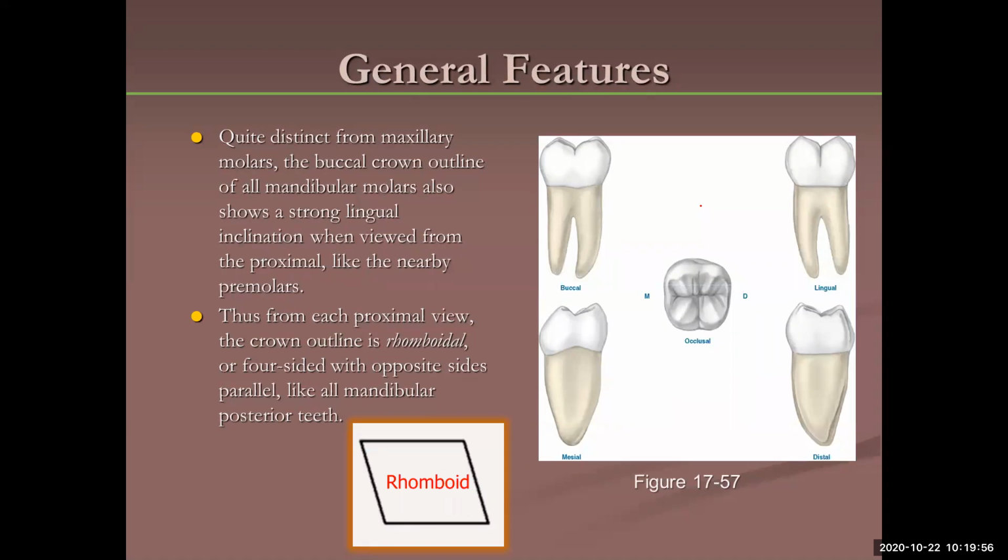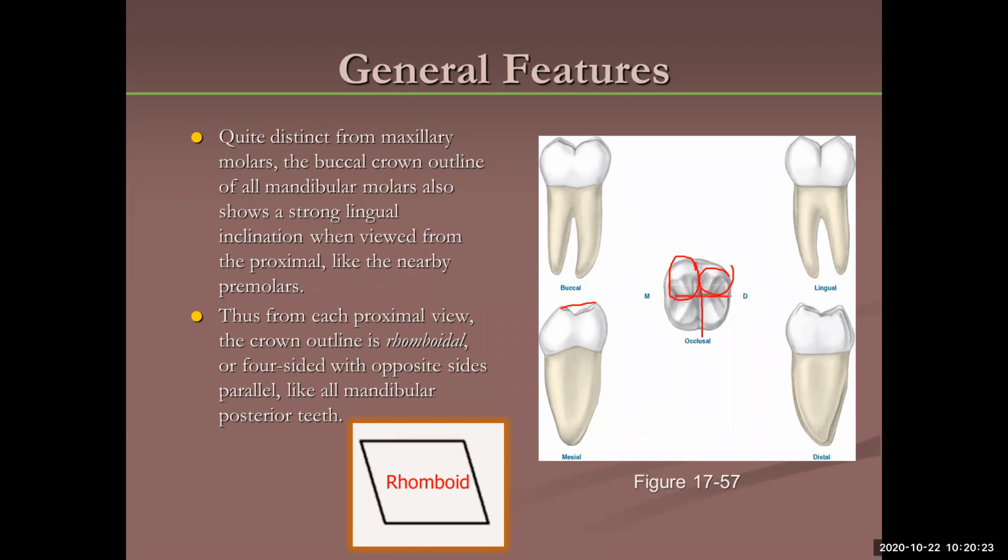Which is going to be higher, the mesial portion of the tooth or the distal portion of the tooth? Mesial. Exactly. The mesial portion of the tooth is a little bit higher than the distal portion. The mesial buccal cusp is going to be larger than the distal buccal cusp.